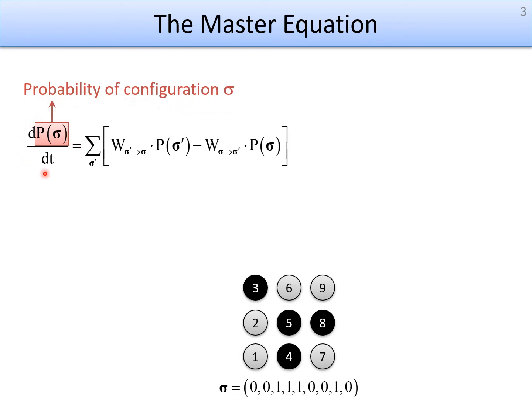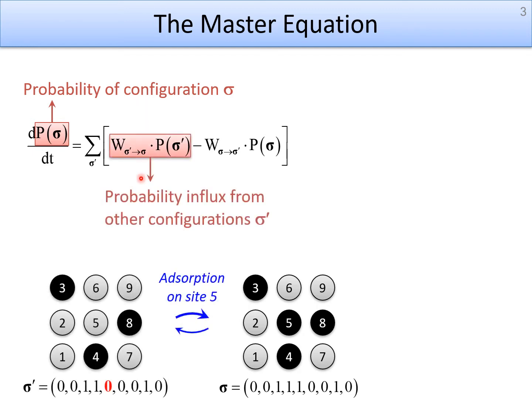Now, the master equation is a balance of probabilities, or balance of probability fluxes, really. So in the right-hand side, I have the influxes and effluxes or outfluxes of probability. And of course, this is an accumulation term. So if I look at state sigma, there will be probability influx terms from other configurations, sigma prime.